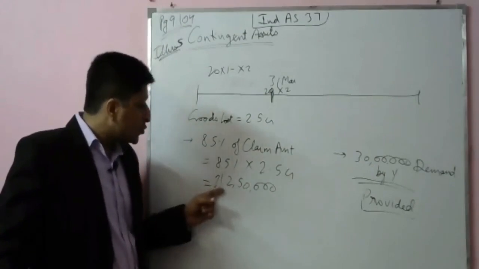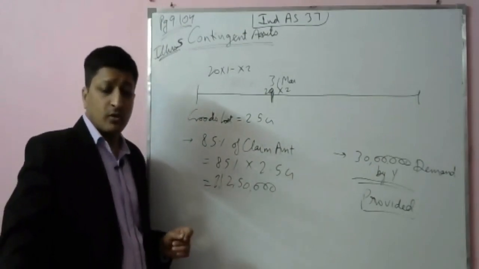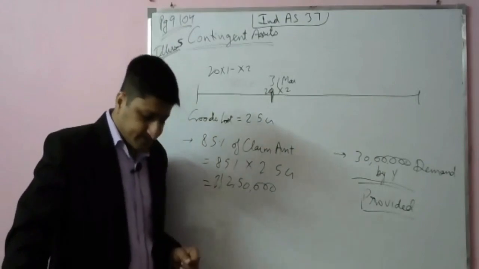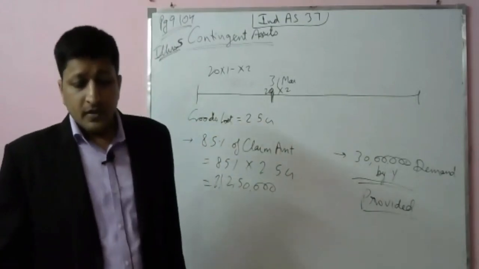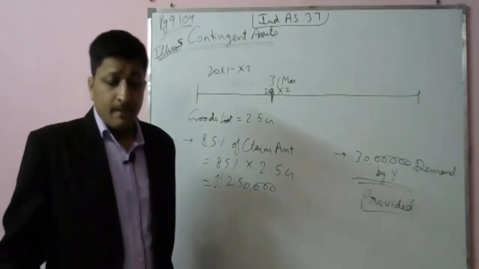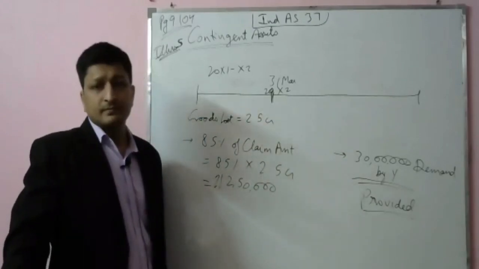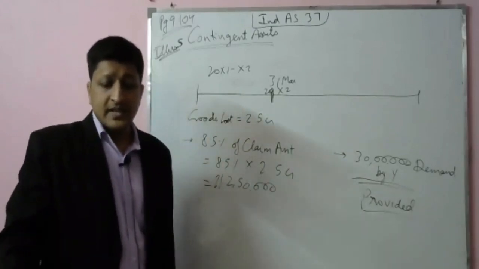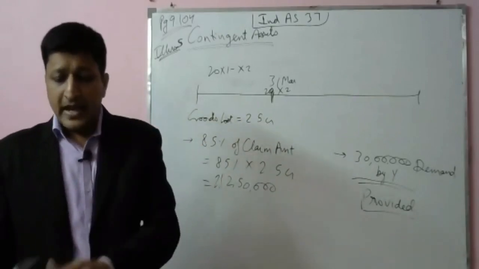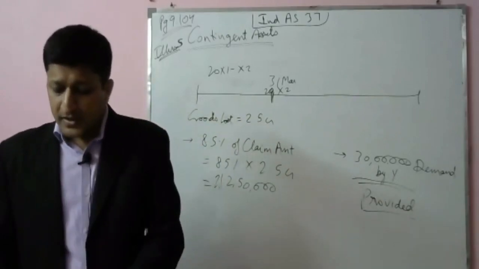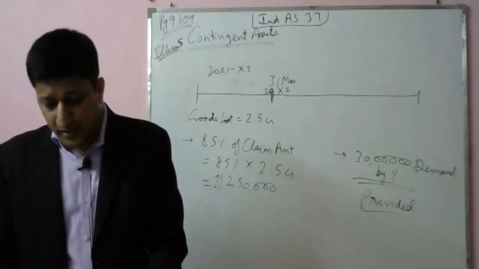As for this 2 crore 12 lakh 50,000, this claim is approved. And because this claim is approved, it is not yet received. So what does it say?